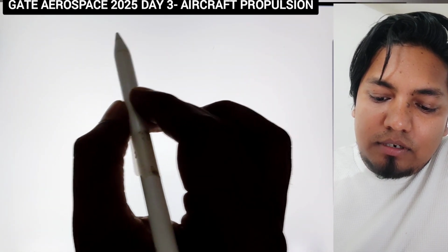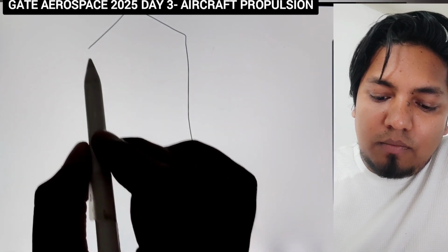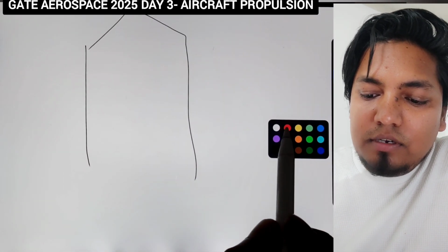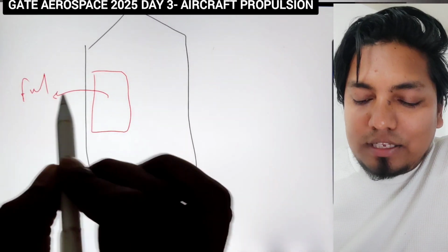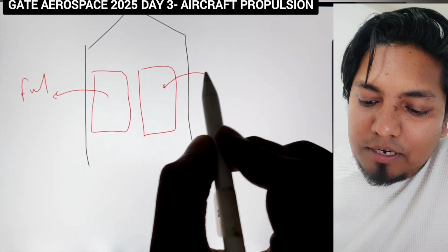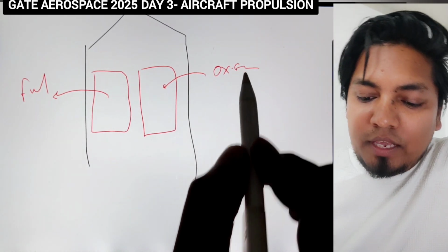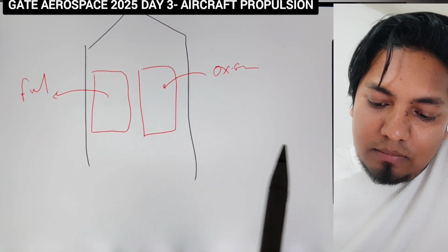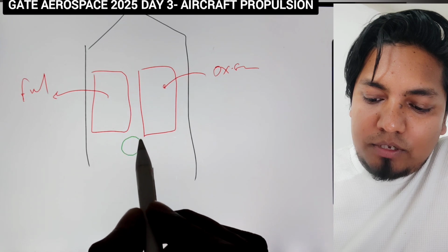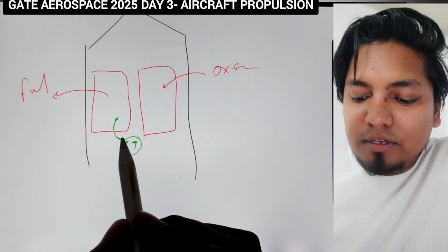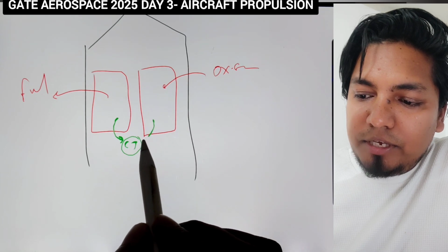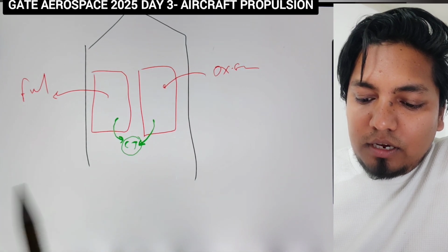In one chamber we keep fuel, in one chamber we keep oxidizer. Then we use some compressor and turbine system here. From this we bring fuel, and from this we bring oxidizer, and then we have another pipe, and the mixture of these two comes into this pipe.